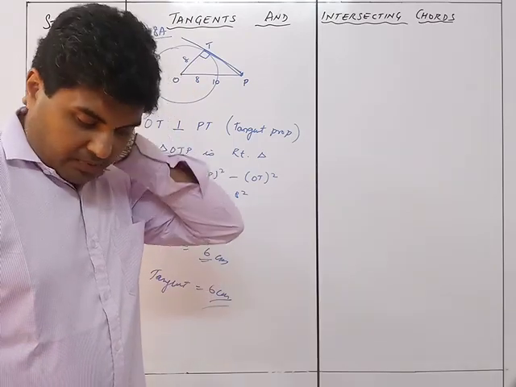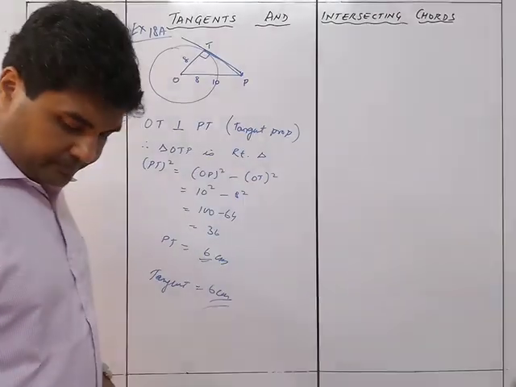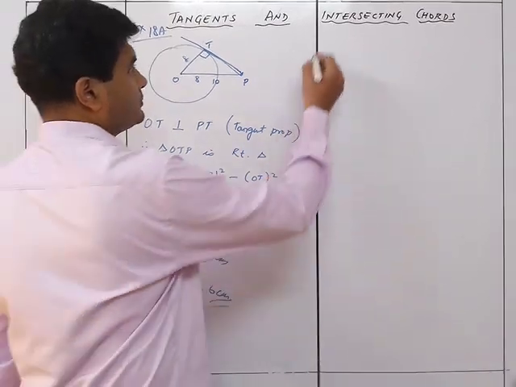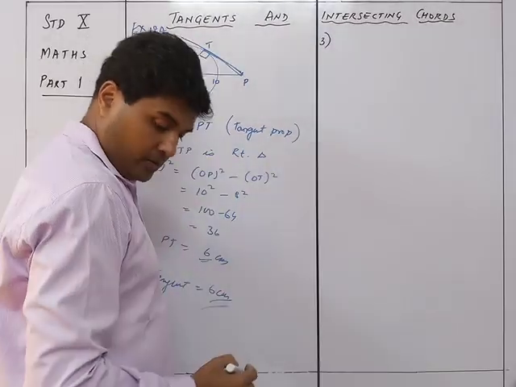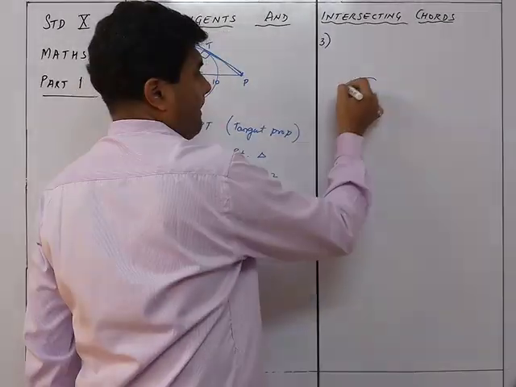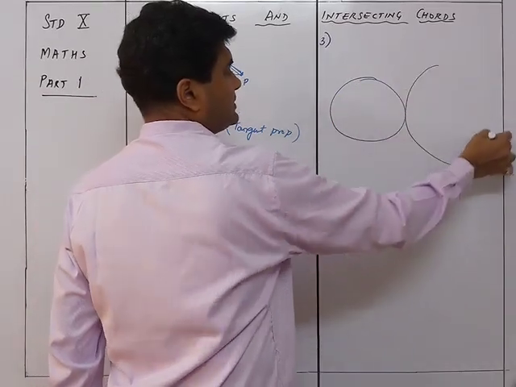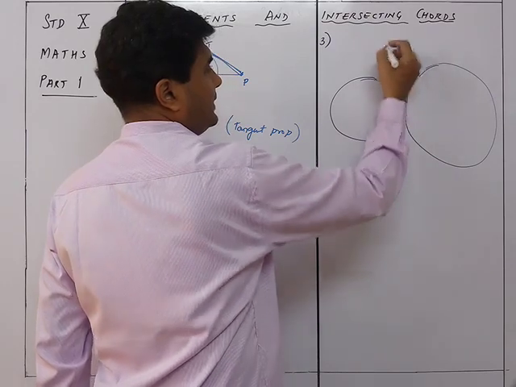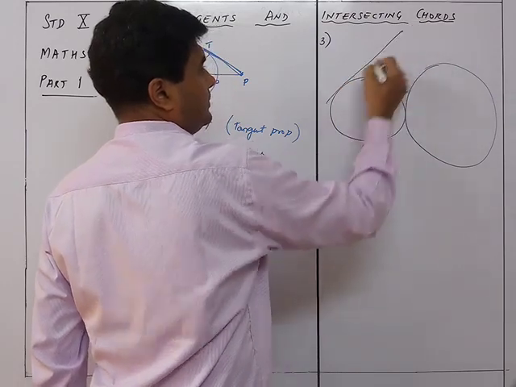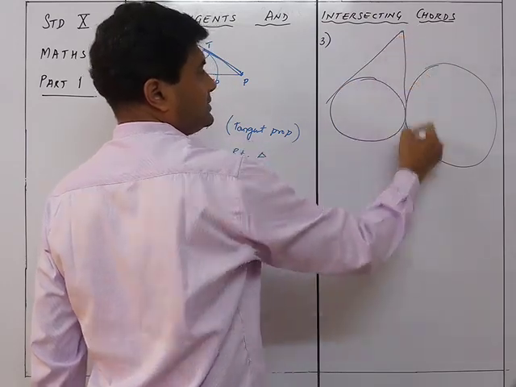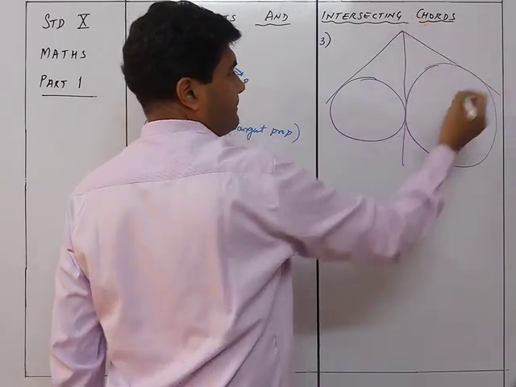We now see question number 3. There are two circles, one here, another like this, and then there are tangents like this.